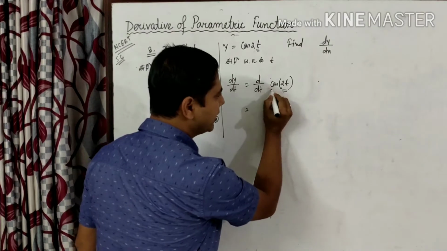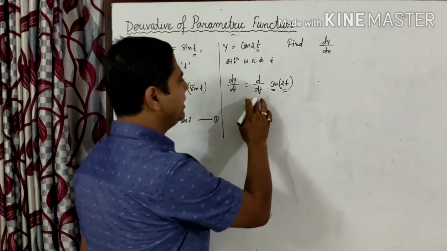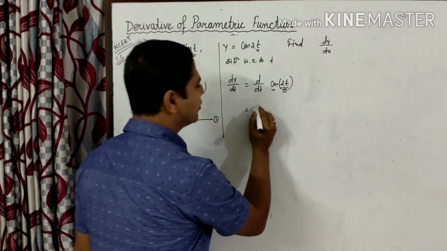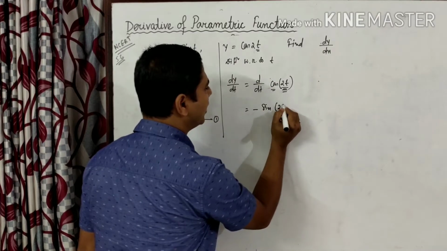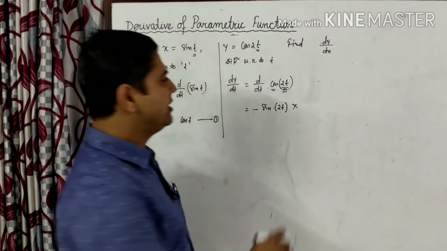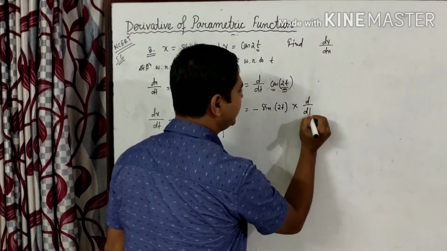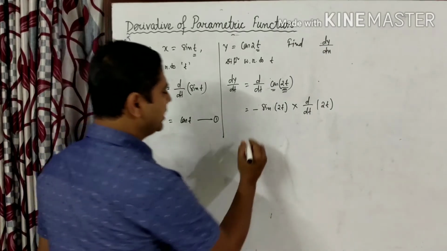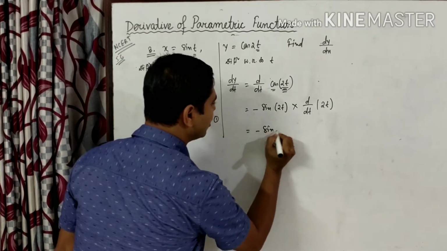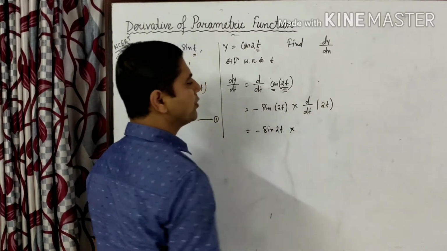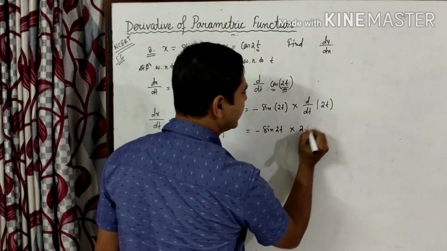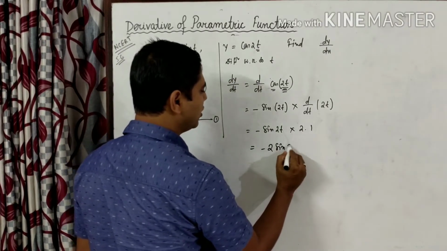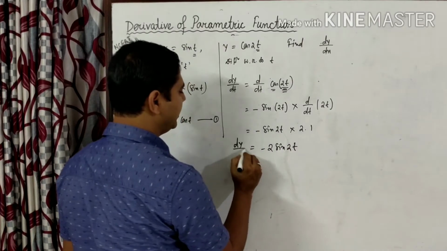First we have to do the outer function. The outer function is cos, and we consider twice of t as a single variable. d dt of cos of twice t is minus sin of twice t. Again you differentiate twice t: d dt of twice of t. That means you have minus sin of twice t times d dt of twice t. 2 is constant, and if we differentiate t, how much do we get? 1. So finally you have minus twice sin of twice t.